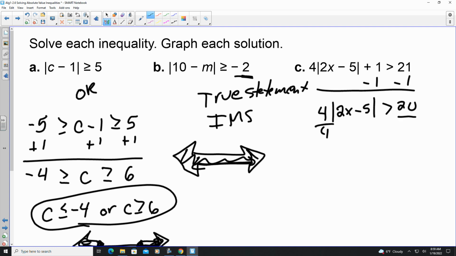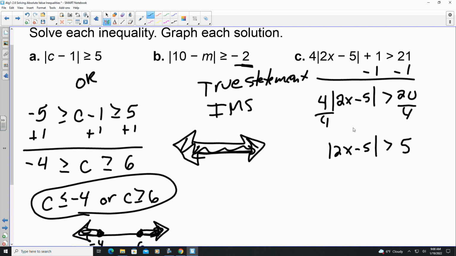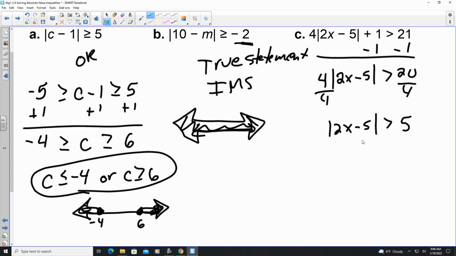Divide 4 from both sides. I now get the absolute value of 2x minus 5 is now greater than 5. So now that I have that, 5 is a positive number. The inequality is pointed towards the absolute value, so we're treating this like an OR statement.